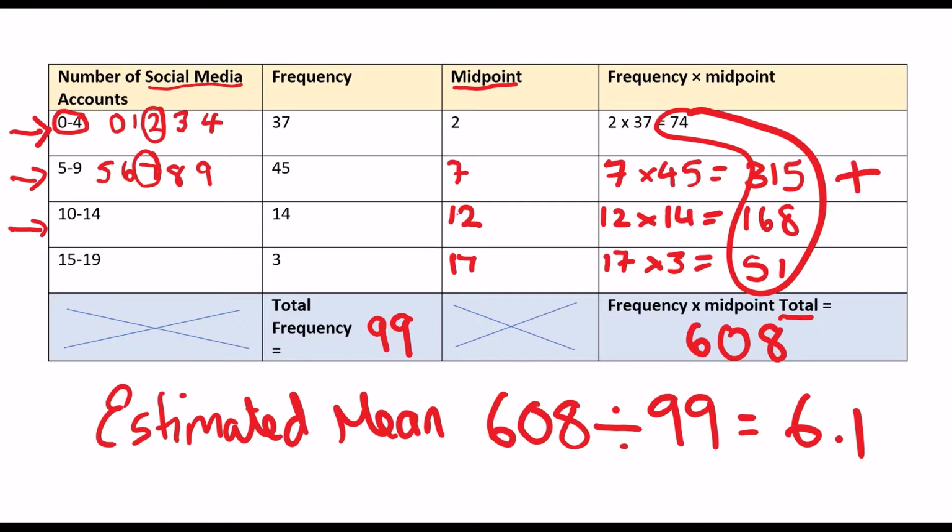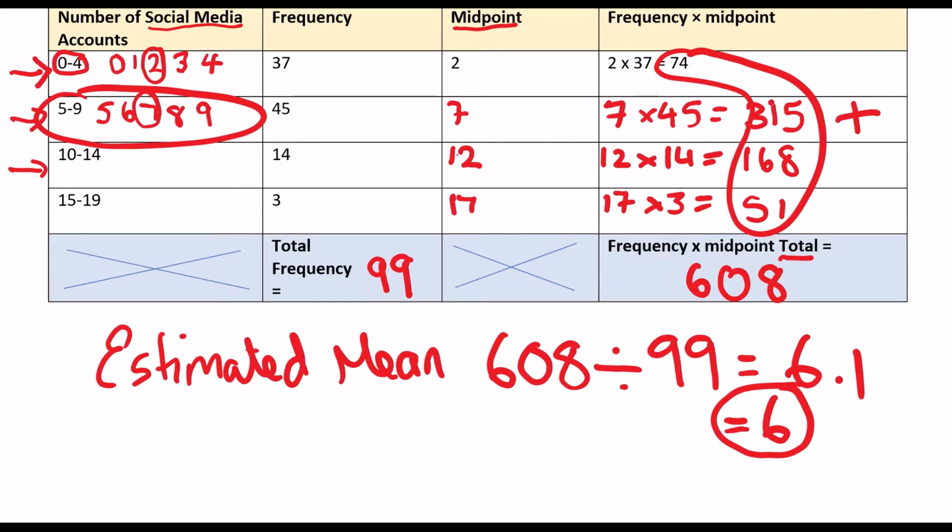Oh, it's 6.14 and it carries on. To the nearest whole number, the average number of social media accounts is 6. So the average number actually falls in this second class here, which you could probably tell because the highest number was in this category anyway.